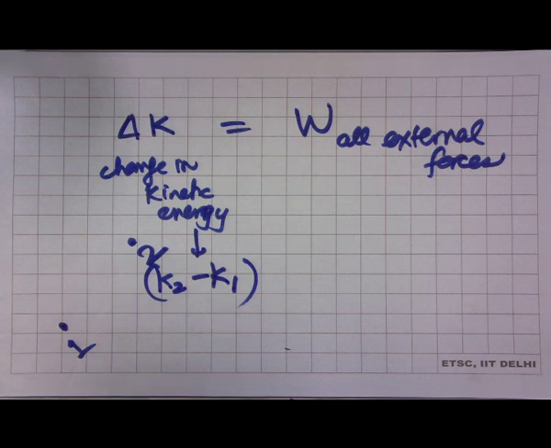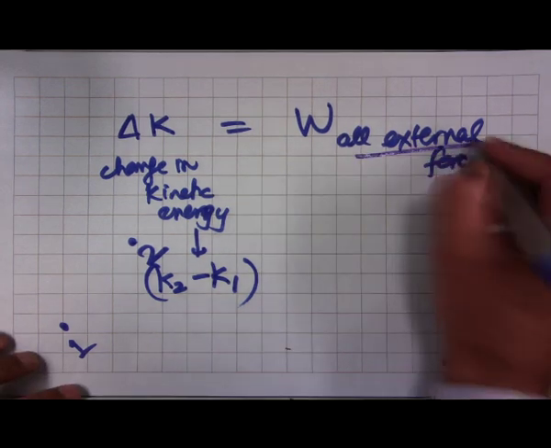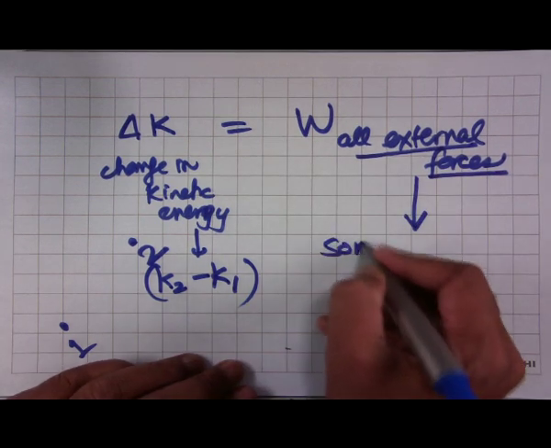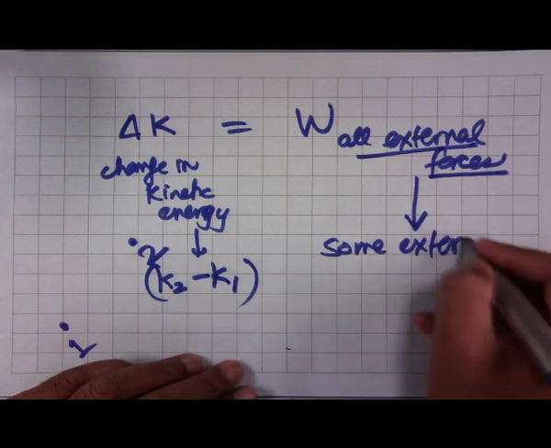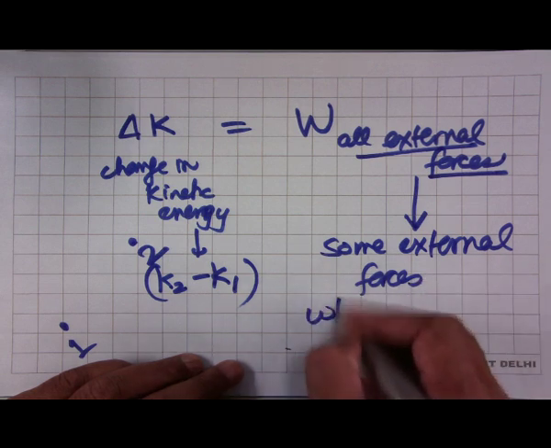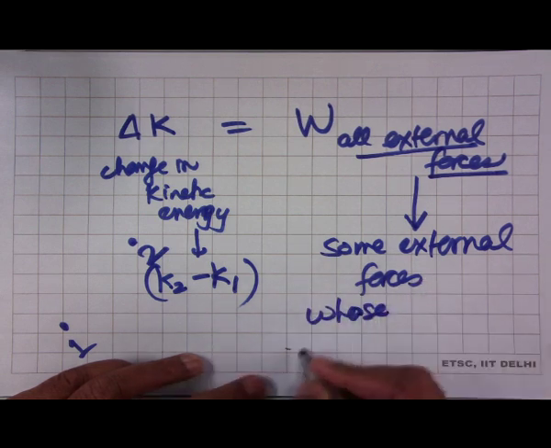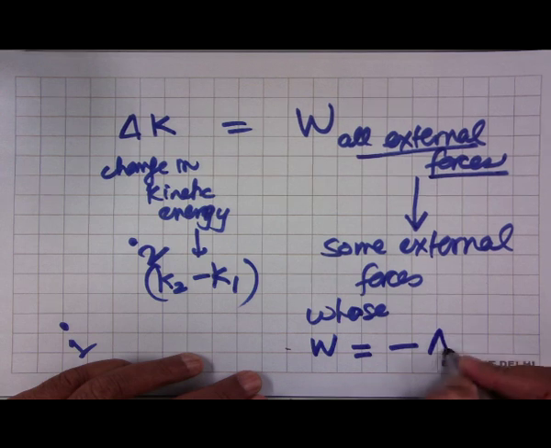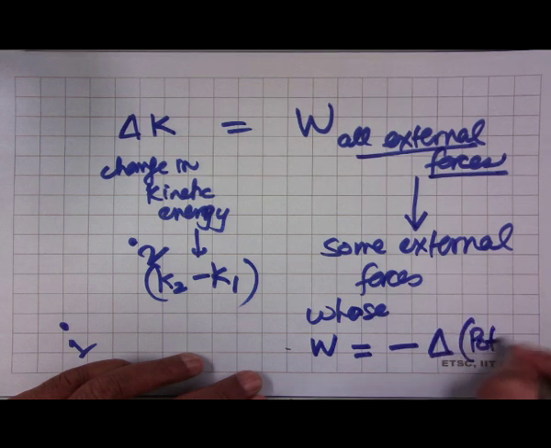Now, the second simplification which comes is that when we talk of work done by all external forces, we have seen that there are some external forces whose work done can be written as minus the change in potential energy.